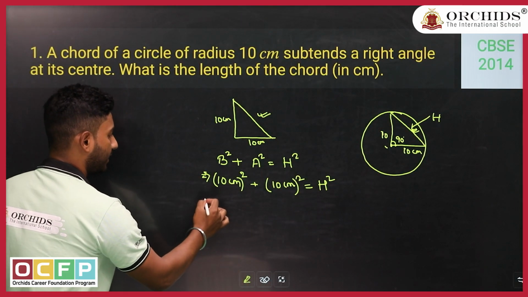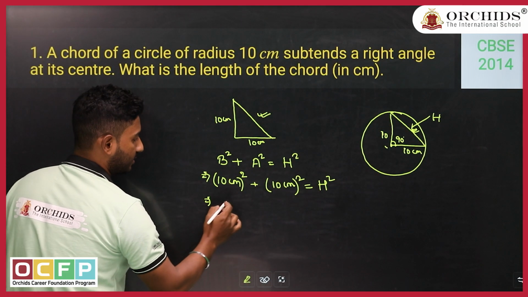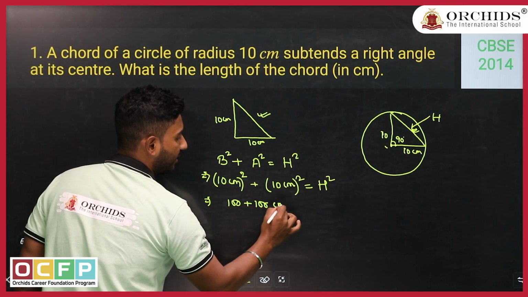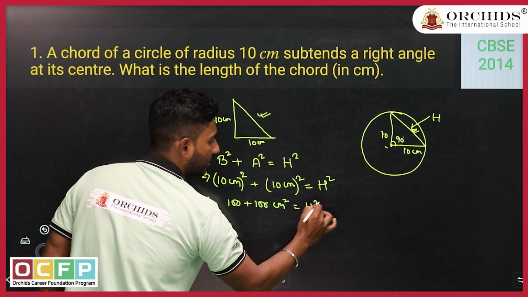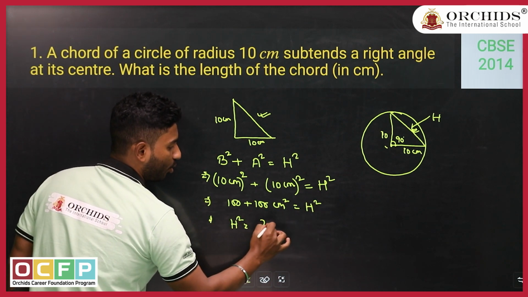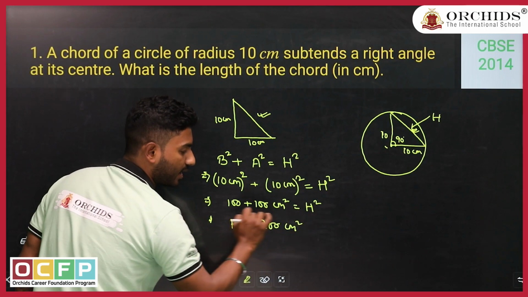Let us solve it. 10 square plus 10 square, so basically 100 plus 100 centimeter square equals h square. So h square will be 200 centimeter square.